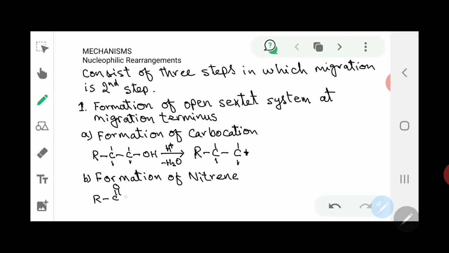Suppose we have an acyl azide which on heating eliminates a nitrogen molecule and converts into nitrene.